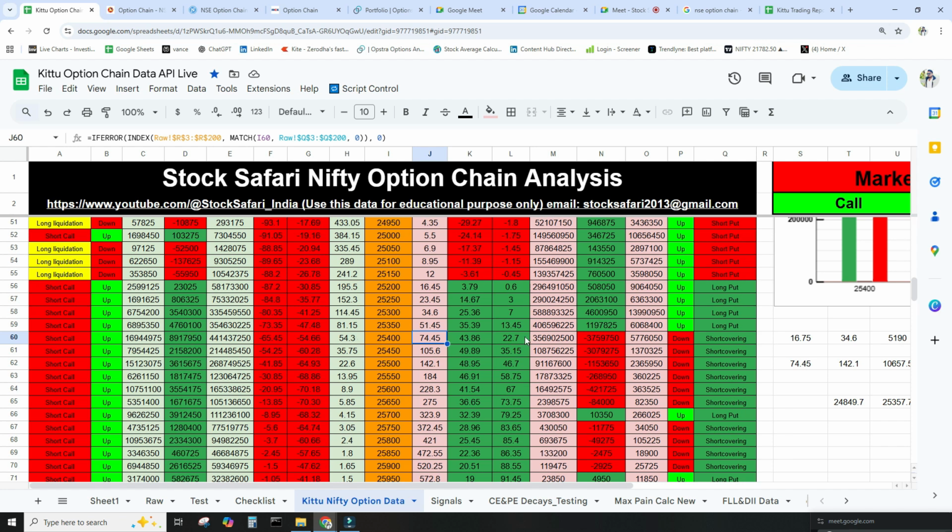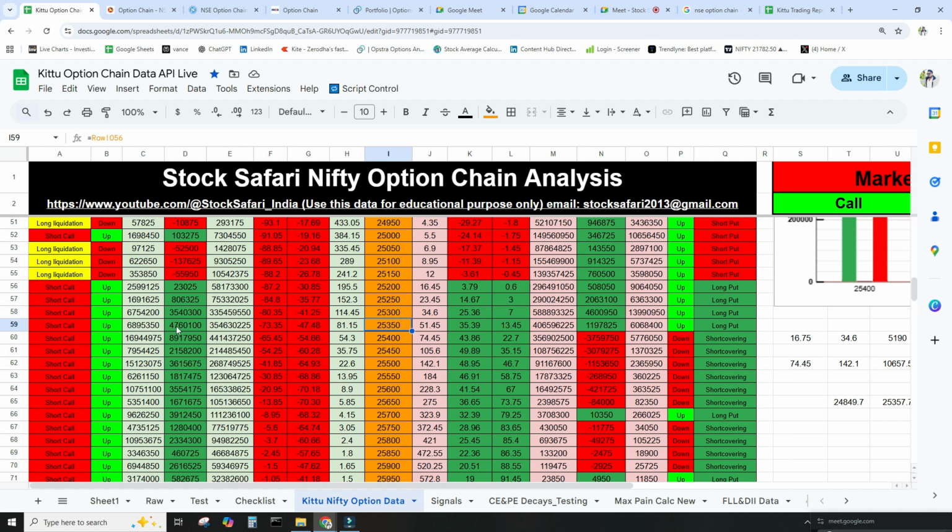So that part you can see it here. This is the put side where the market is in bearish segment, but here if you see, short calls are happening. That means though price is decreasing, the open interest is building up. That means on the call side, writers are opening new positions in this area. So that's where we can understand they are shorting their calls. They are expecting the market can fall much further. What is the present strike price? 25,350.